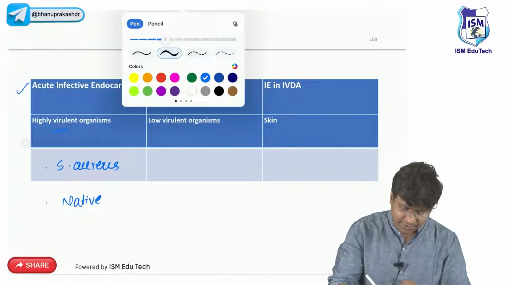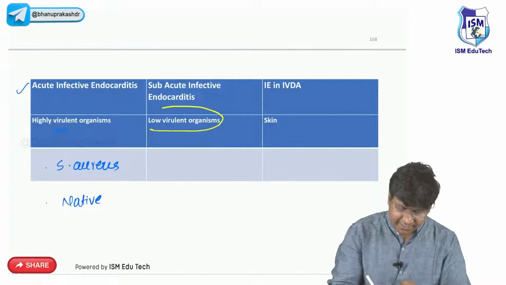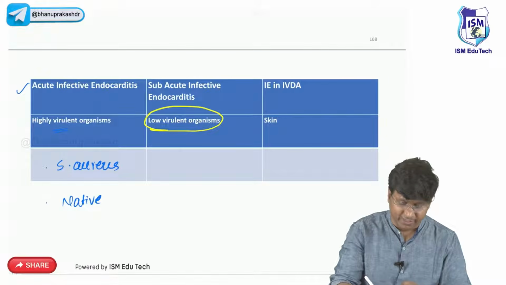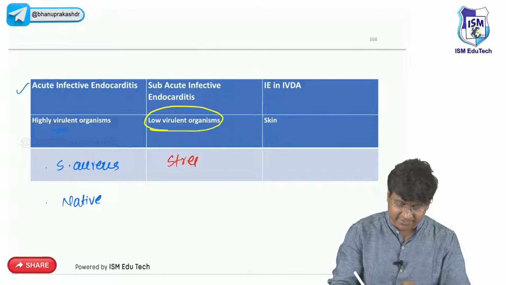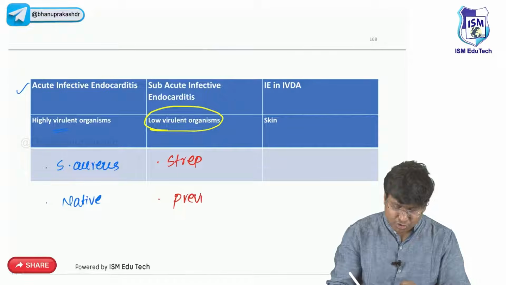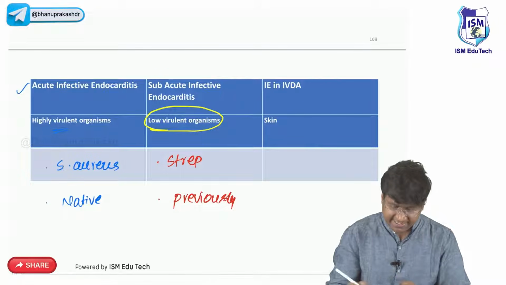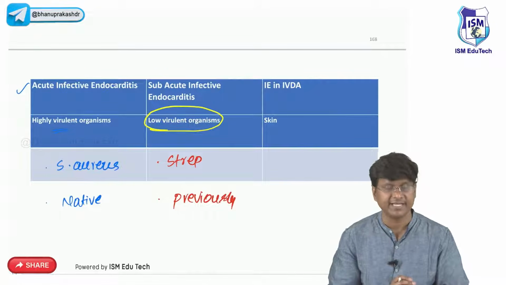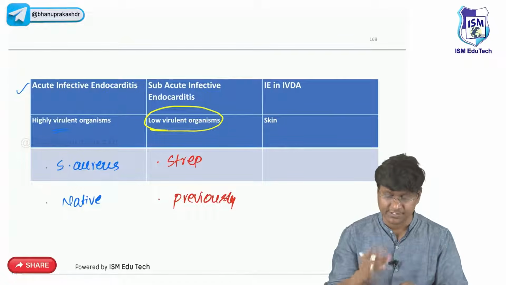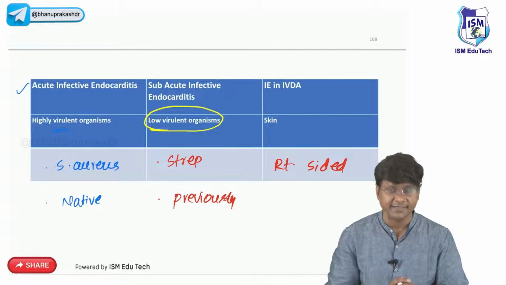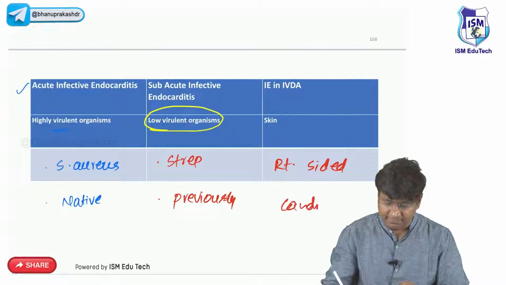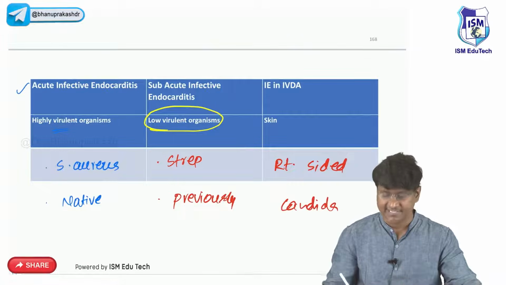Whereas subacute infective endocarditis is caused by a low virulent organism, which will be the Streptococcus. And here the previously injured valves are affected. And infective endocarditis in IV drug abusers, it is the right sided valves which are commonly affected, and the organism is mainly Candida as well as Staph.